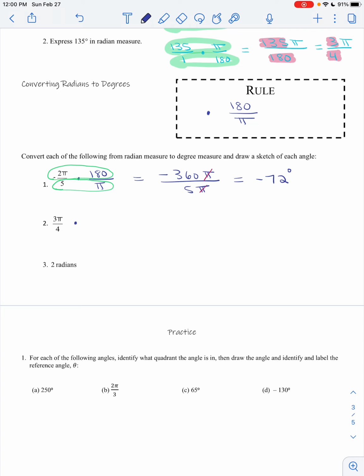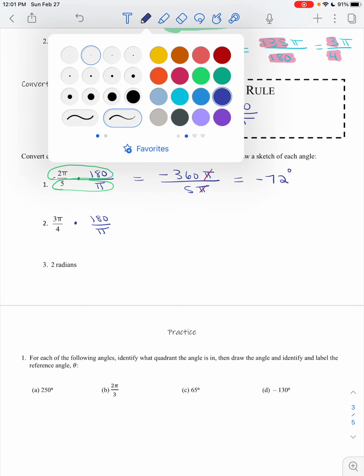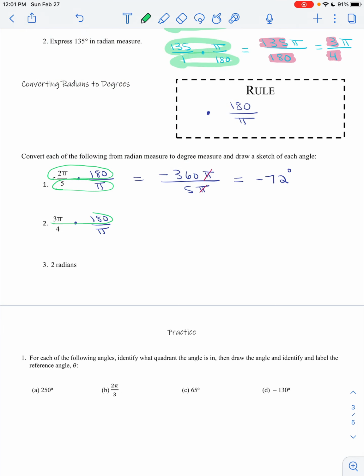Looking at the second example, if I took 3/4 pi, or 3 pi over 4 is another way to say it, and I multiplied by 180 over pi, I'm going to multiply across the top and across the bottom. We get 3 times 180, which is 540 pi over 4 pi.